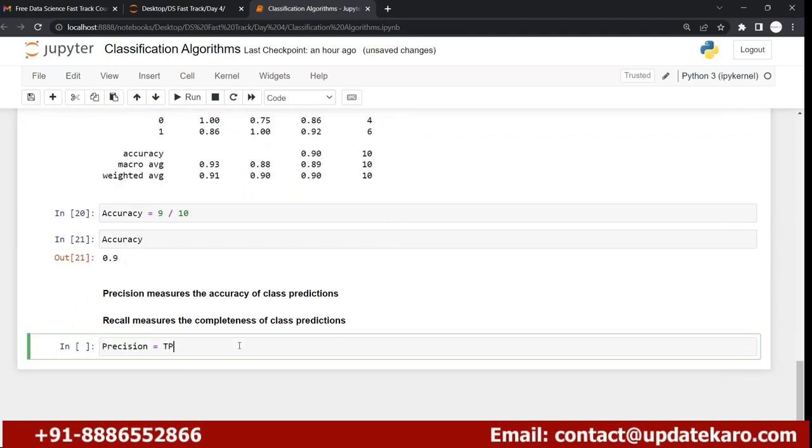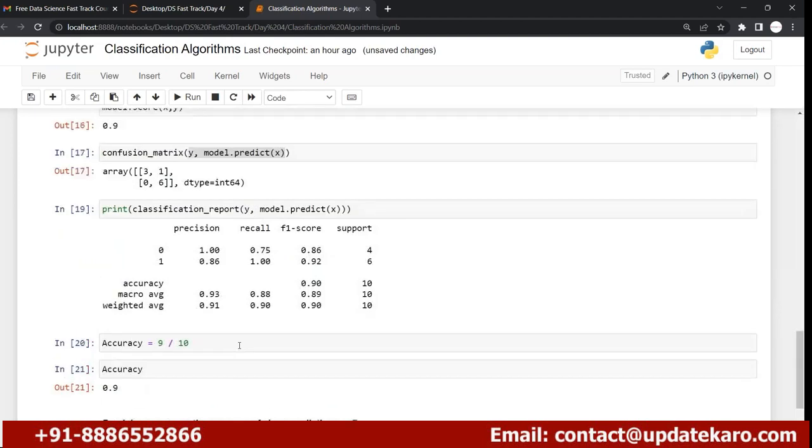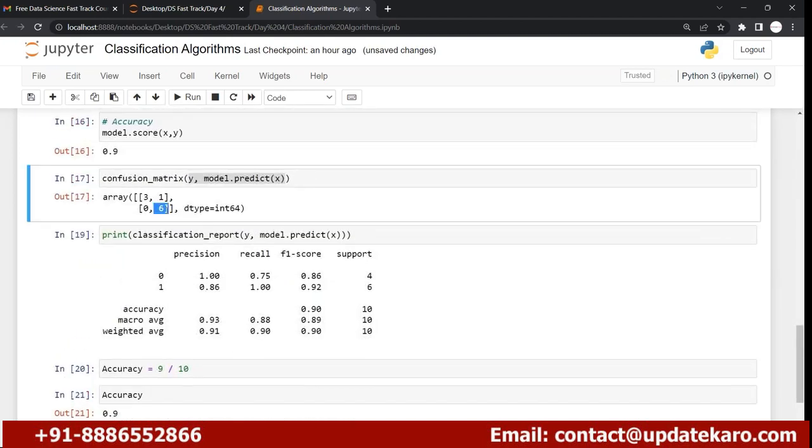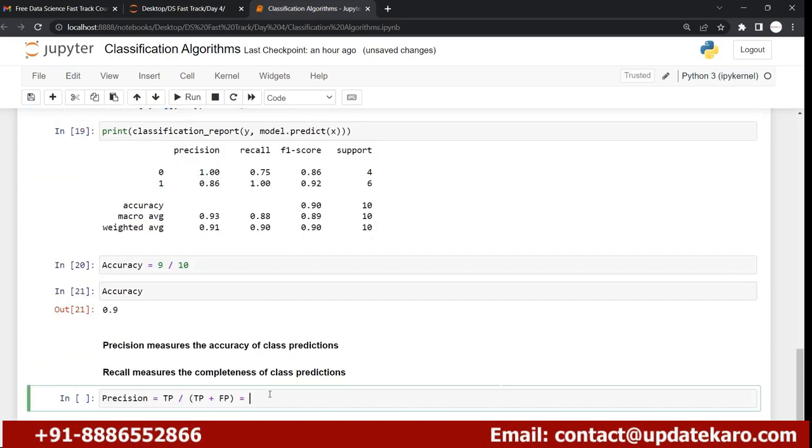True positive, true positive plus false positive, right? So here you can see my true positive is how much? 6 is there. So let's go ahead with the calculation.